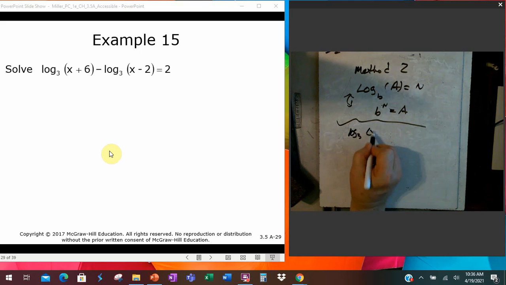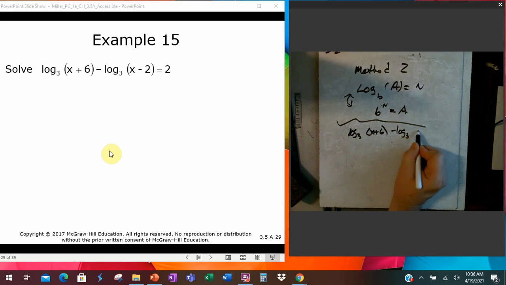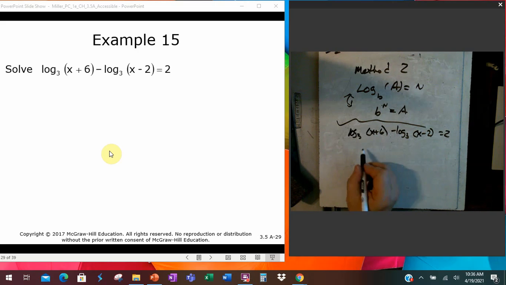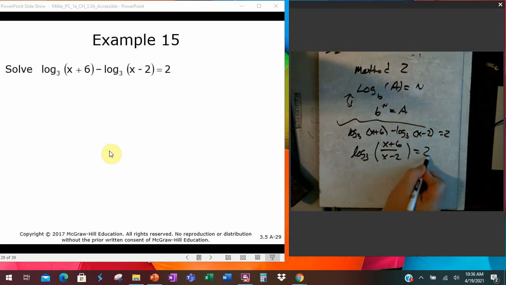Log of 3x plus 6 minus log of 3x minus 2 is equal to 2. They always have to be the same base for me to do this kind of stuff. Now, subtraction goes to division. So this is log base 3 of x plus 6 over x minus 2 is equal to 2.